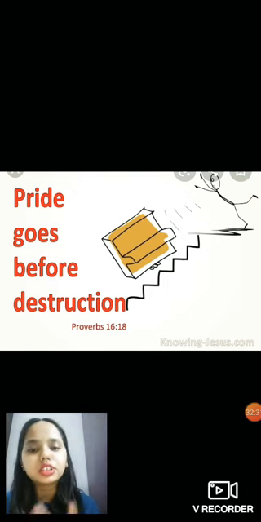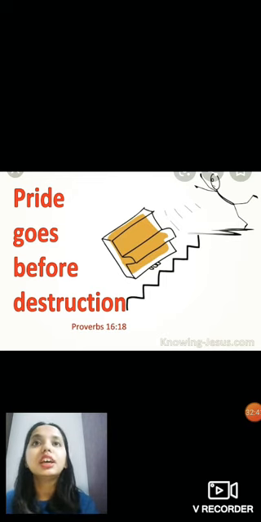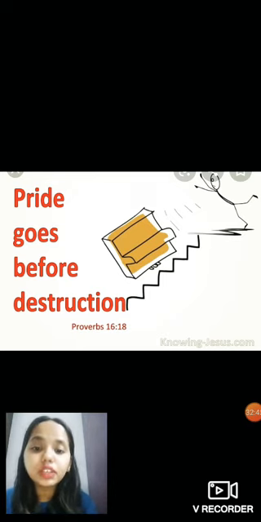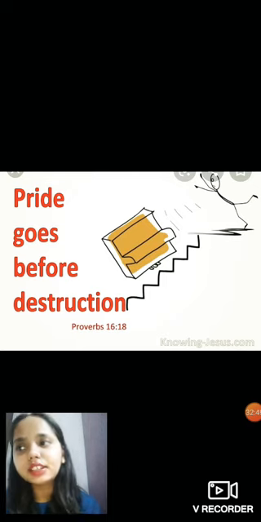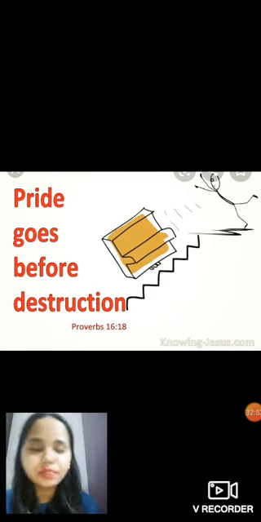The destruction that came was that they had to sell everything to repay the heavy loan they had taken to purchase the necklace, because it was extremely expensive, students. Later, in the end, we also come to know that the necklace was artificial.